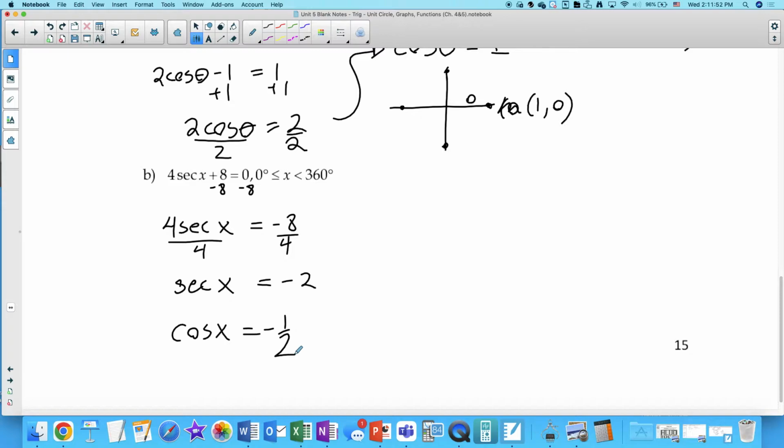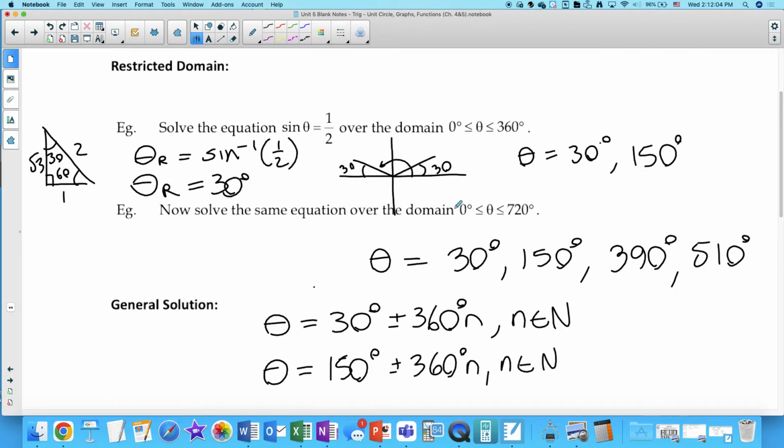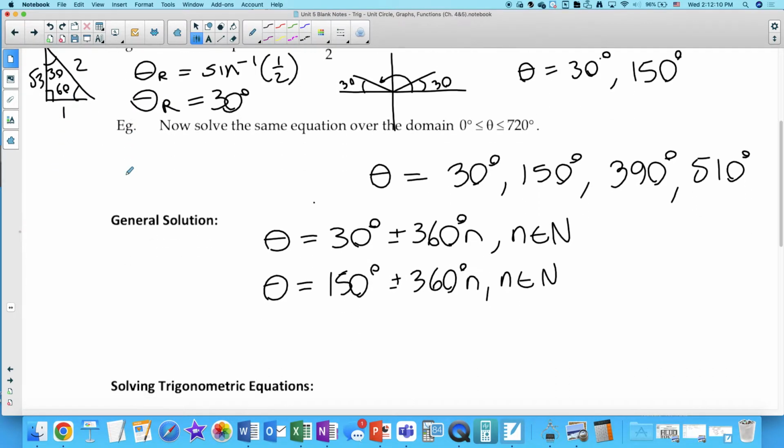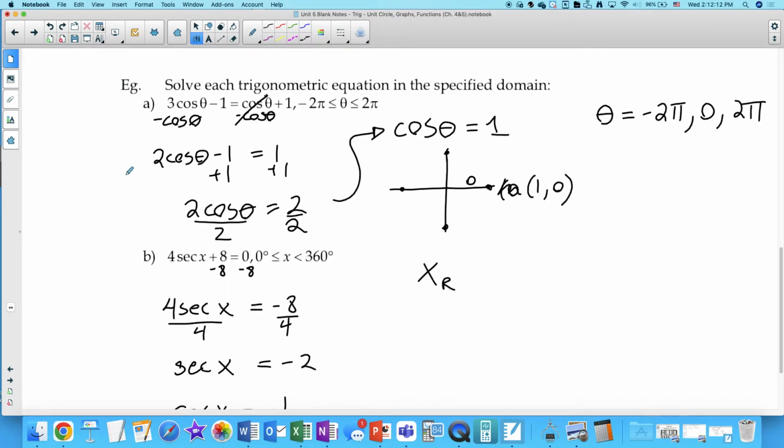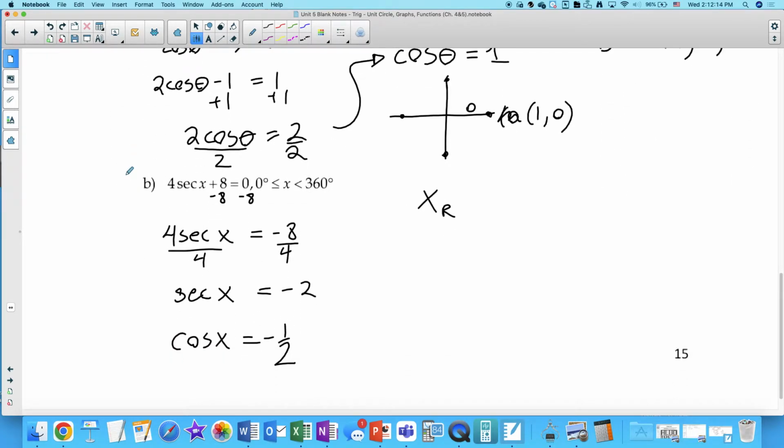Okay, and so from this trig ratio, the reference angle is the angle that has a cosine of positive 1/2. So if we go back to this picture over here, the cosine of 60 is 1/2. So in radians, 60 degrees is pi by 3 radians. So the reference angle is pi by 3.